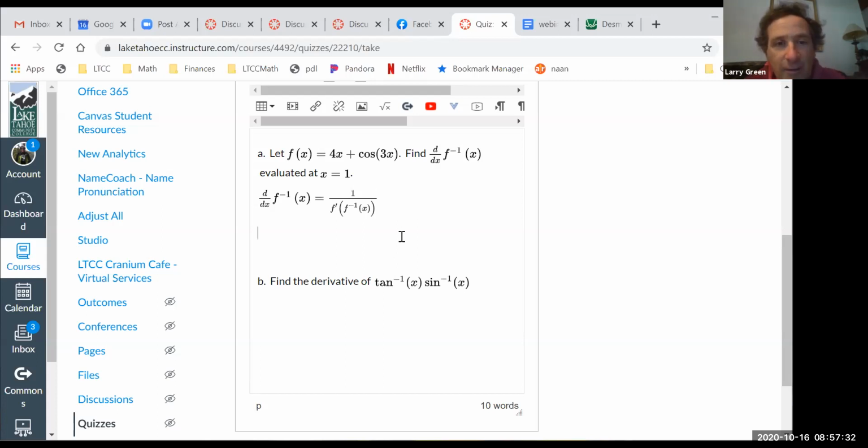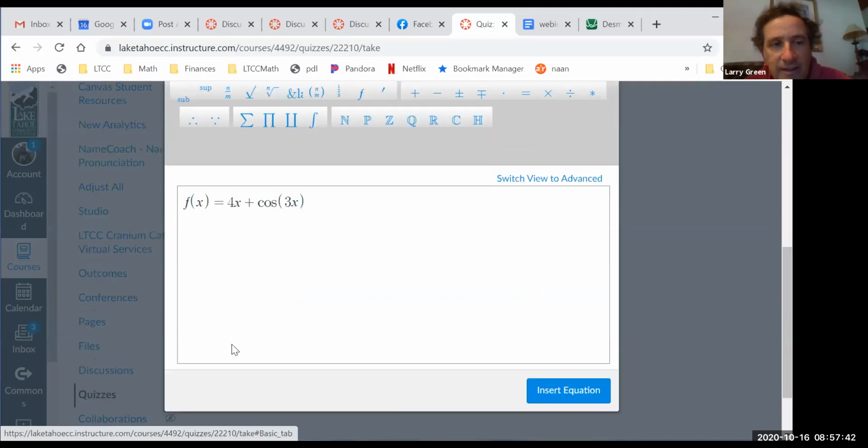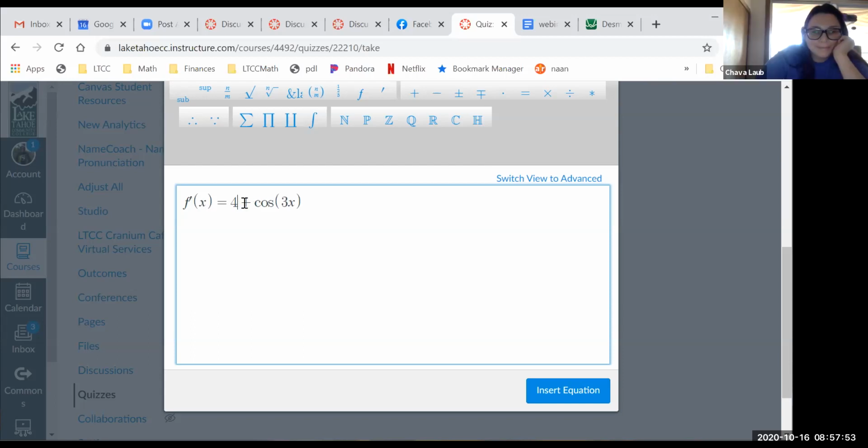So let's first find f prime. Let me just recopy f. And let's find f prime. That's not supposed to be very hard. So if f of x is 4x plus cosine of 3x, f prime of x, what's the derivative of 4x? 4. Yeah, 4. And what rule do we have to use to find the derivative of the cosine of 3x?